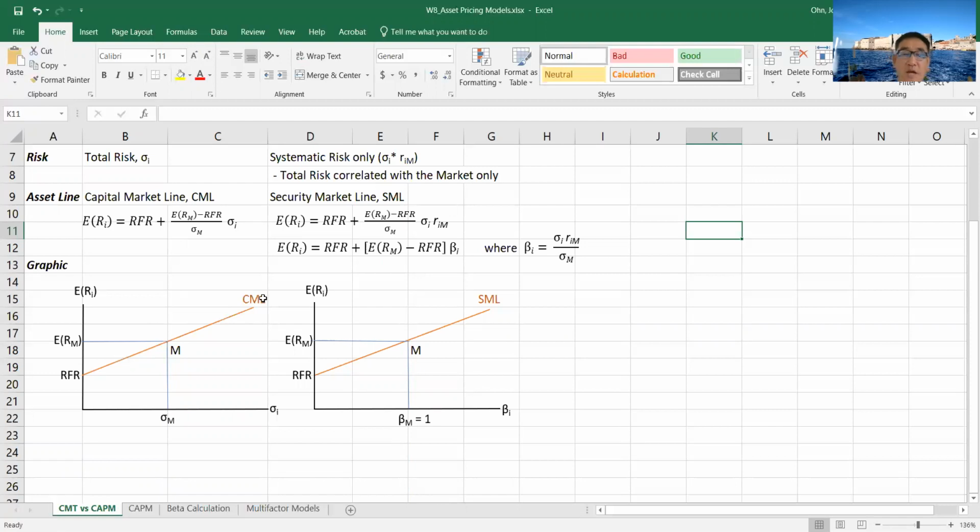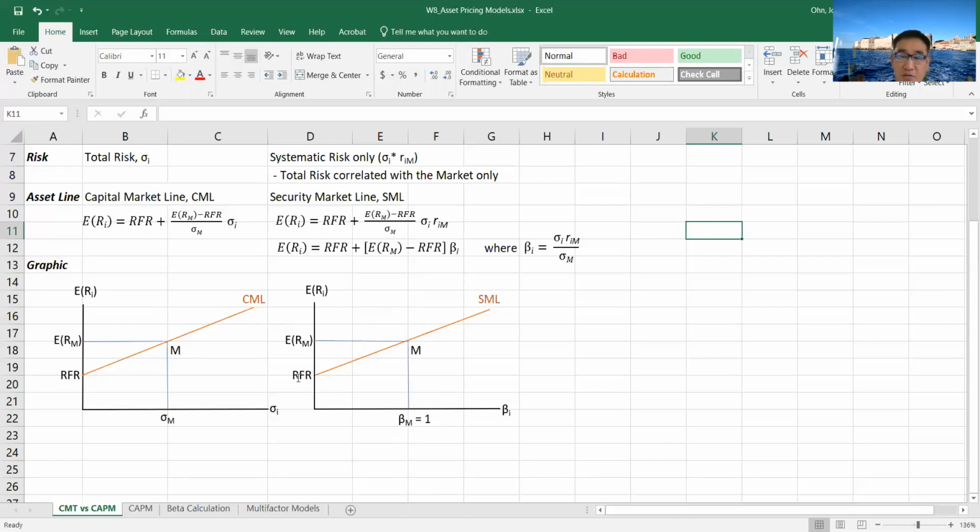Now, if you look at the right-hand side, the risk measure on the x-axis is beta, and the y-axis is expected return, right? The beta of the market portfolio is always 1. That's the benchmark. M is the market portfolio.